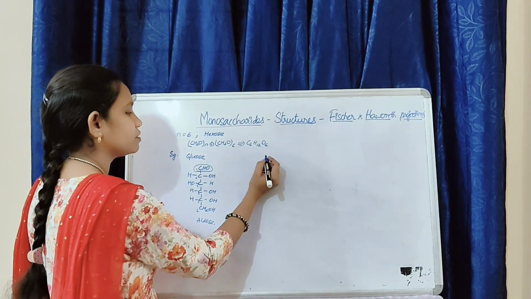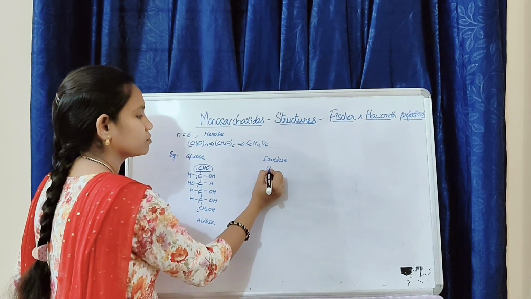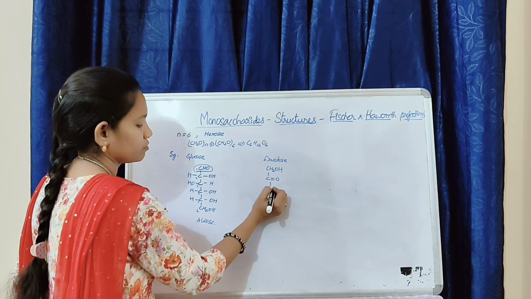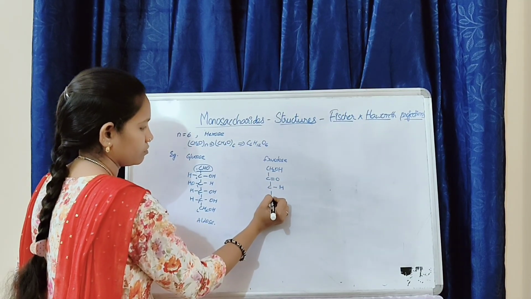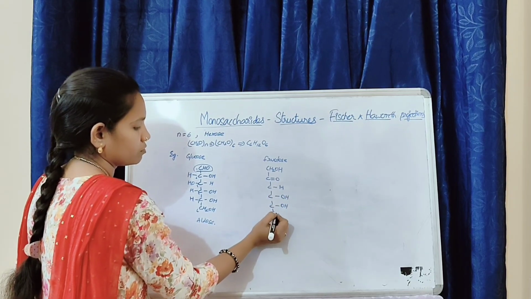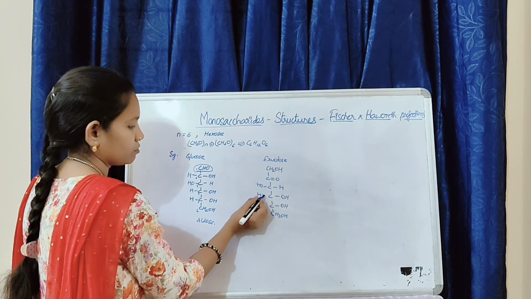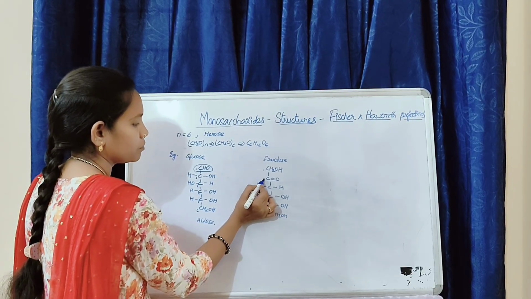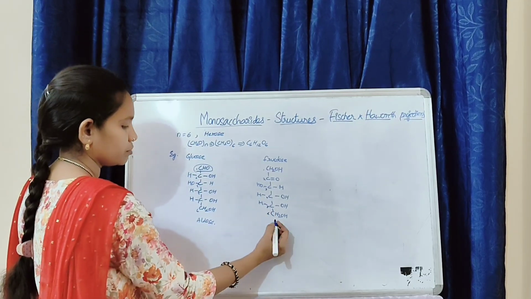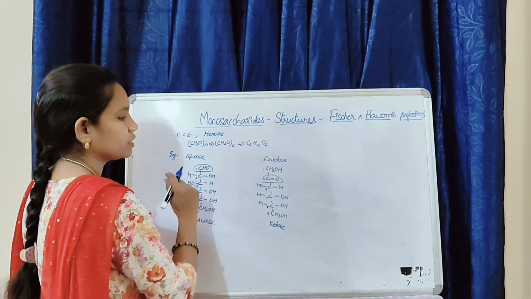In the same way, let's see for ketose. The example is fructose. Structure as follows. Start numbering 6 carbon atoms. So it is an example for ketose. Here carbonyl group is ketone.